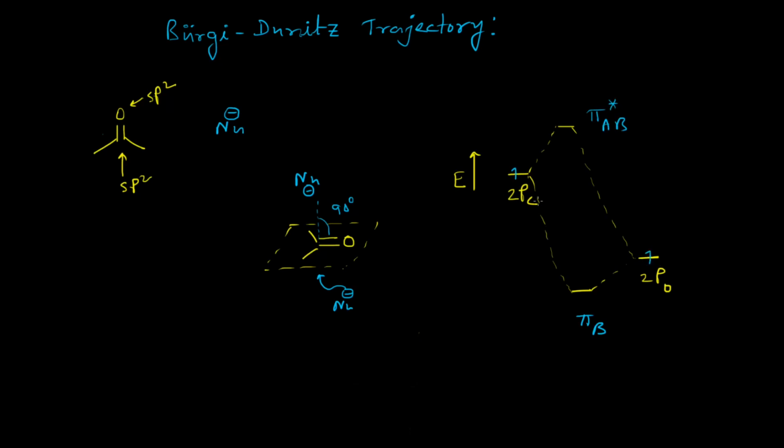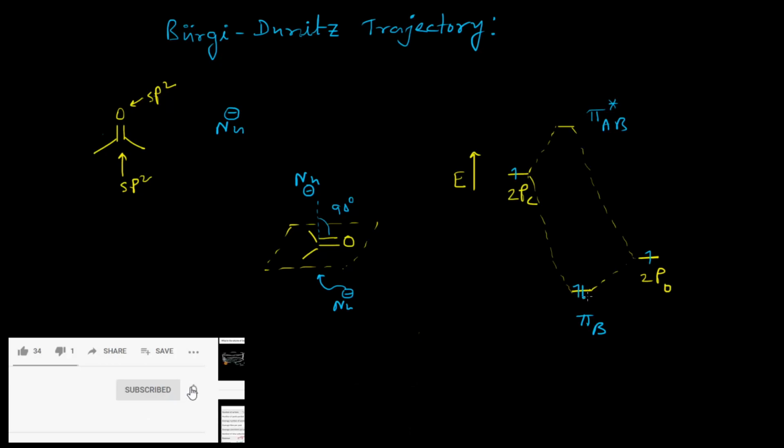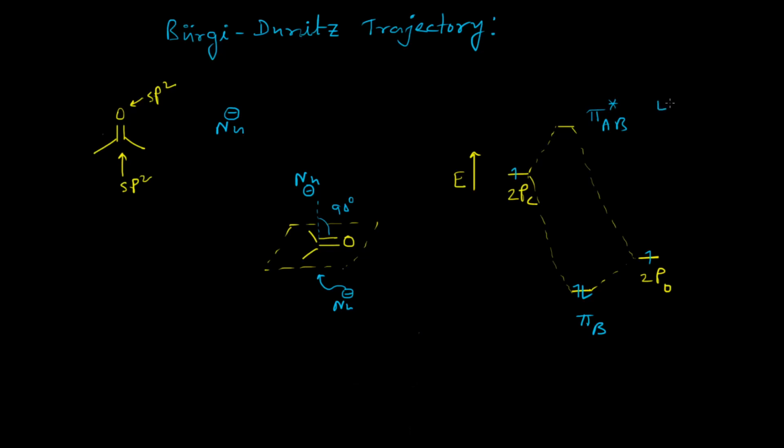Since both the carbon 2p and the oxygen 2p orbital contain one electron each, these two electrons will go to the pi bonding orbital, and the pi star anti-bonding orbital will remain vacant. This vacant pi star orbital, which is the LUMO for this carbon-oxygen double bond, will accept the electron pair from the nucleophile. So this nucleophile will donate its electron pair to this pi star orbital.